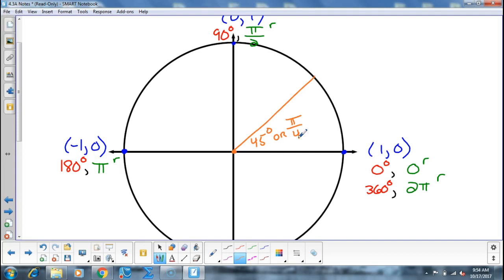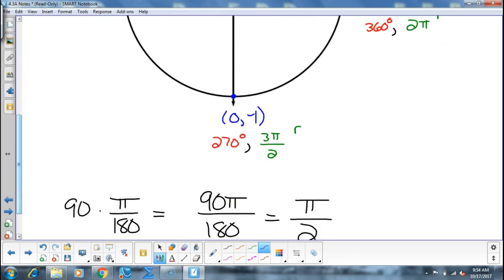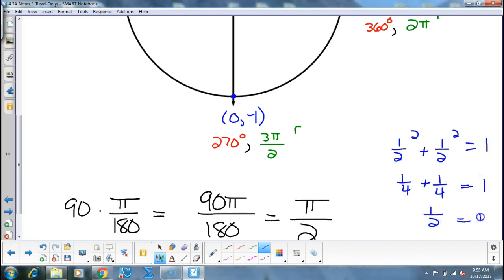What would the x and the y coordinates be for that point? Is it going to be 1/2 and 1/2? Well, let's think about it. 1/2 squared plus 1/2 squared is 1/4 plus 1/4, which is 1/2. Is that equal to 1? No, so it can't be 1/2 and 1/2.